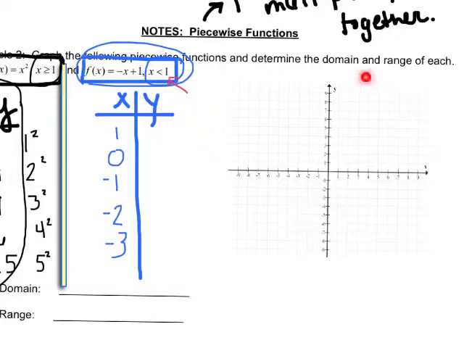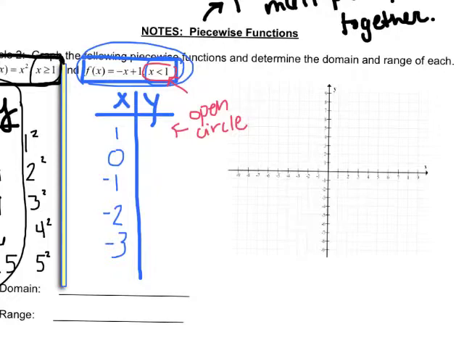So when you see a graph and you think about getting really, really close to 1 but not actually touching it, what would that look like on a graph? So that's going to have an open circle on this point because you're not actually supposed to touch that 1, but you're going to get super, super close. And that's again because of the lack of "or equal to" right there. Okay, so when I plot this point, I'm going to use an open circle. Everywhere else will be closed. That 1 will be an open circle.